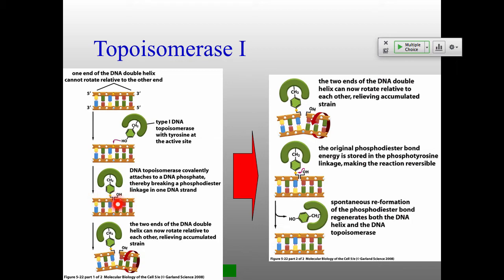Now you have a free OH, and the DNA just wraps around itself. This is a reversible reaction. And so the OH changes, now the topoisomerase is no longer bound to DNA, and the DNA is reattached here. So what you're doing is cutting one of these strands, wrapping them around, putting it back together. So that's one way to deal with this overwrapping process.